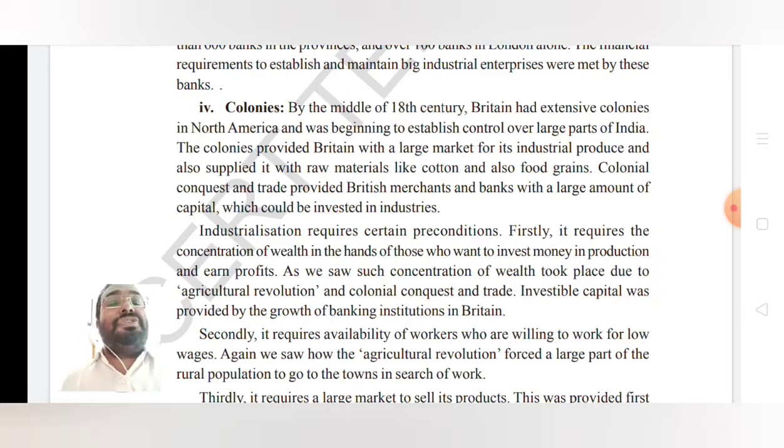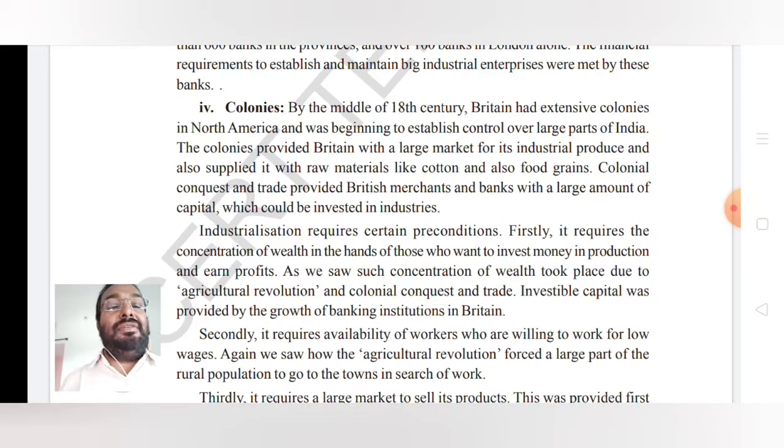I repeat, first of all, there was a concentration of wealth because of the agricultural revolution, and also the colonial conquest and trade. Then investable capital was provided by the banking institutions in Britain.